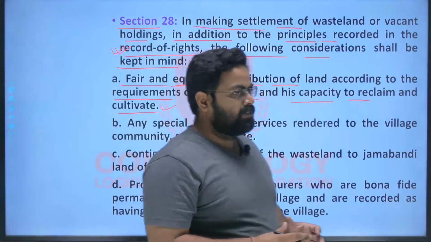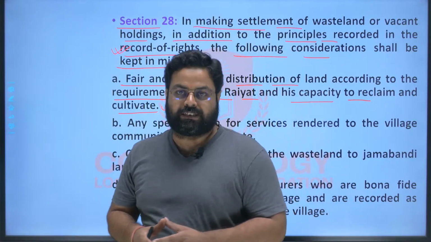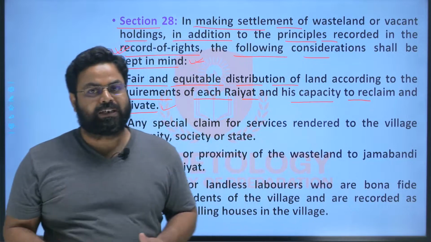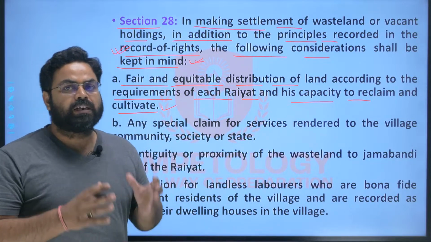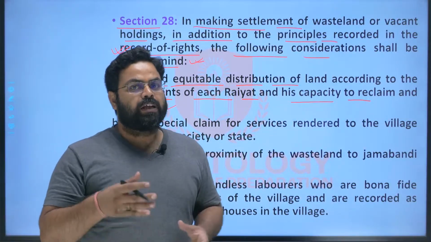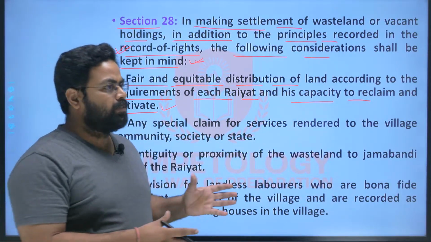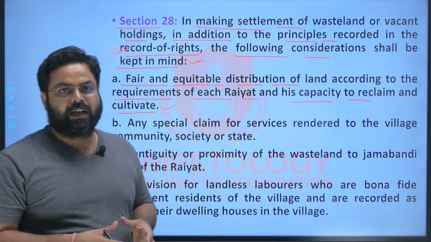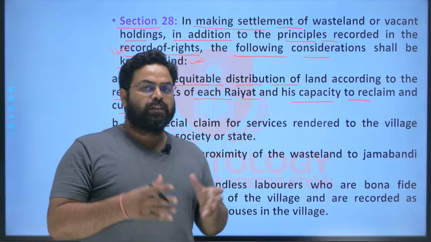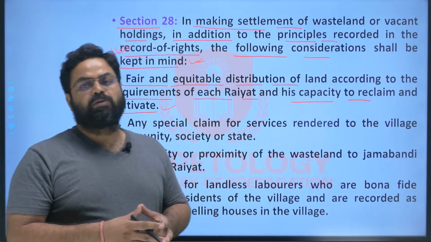So every person is having some kind of limitation, whether he is a farmer or whatever it is. The farmers also have a limitation to cultivate any land with their own resources, whatever the ox or the plough, whatever cattle they have, using that they can cultivate a particular amount of land.